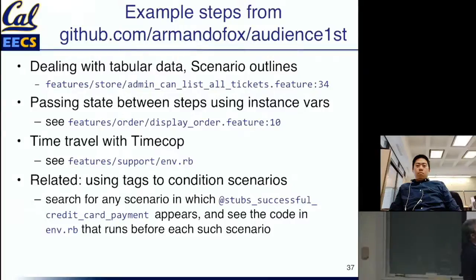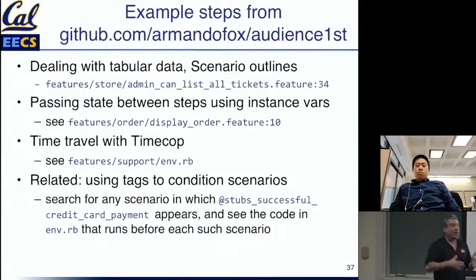Related to that, and you can see some examples of this in my own code base and somewhere else, there are tags that you can apply to scenarios saying, only for these kinds of scenarios, set up certain conditions. So for example, in my app, I have a number of scenarios that do depend on the date, because they make assertions about things expiring and stuff like that. And I also have a lot of scenarios that have nothing to do with the date, so it doesn't matter.